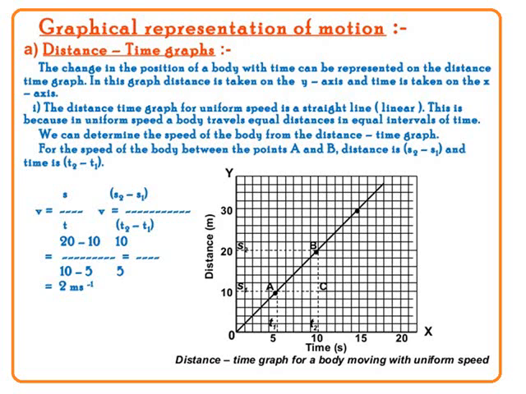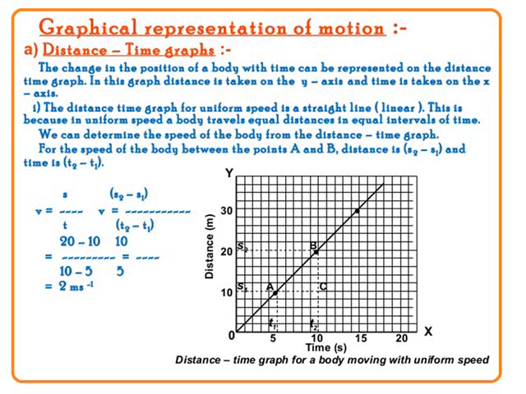Now when you look at the point A, the S1 reading is 10 meters and the time is 5 seconds. And for the point B, the distance is 20 kilometers and the time is 10 seconds.